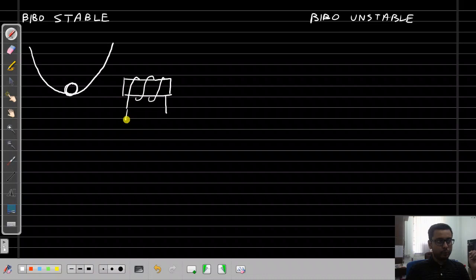Now if you pass some current through this coil, it will get magnetized, and this sphere inside the bowl will be attracted.